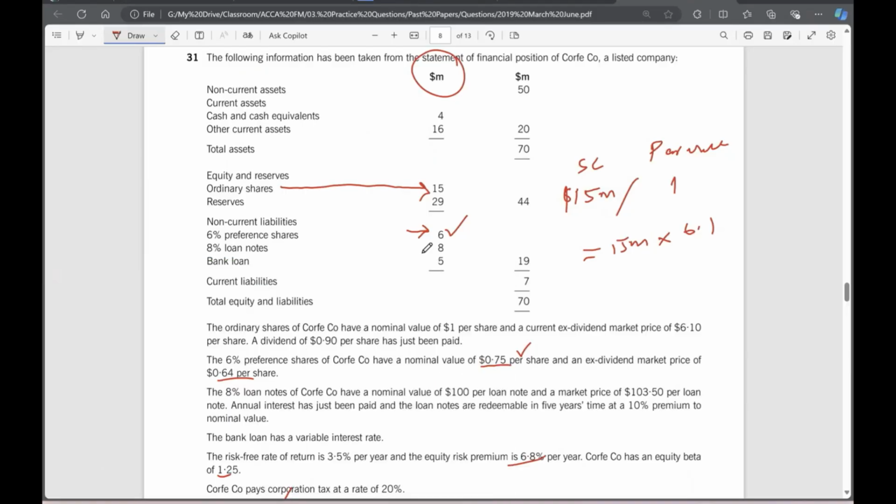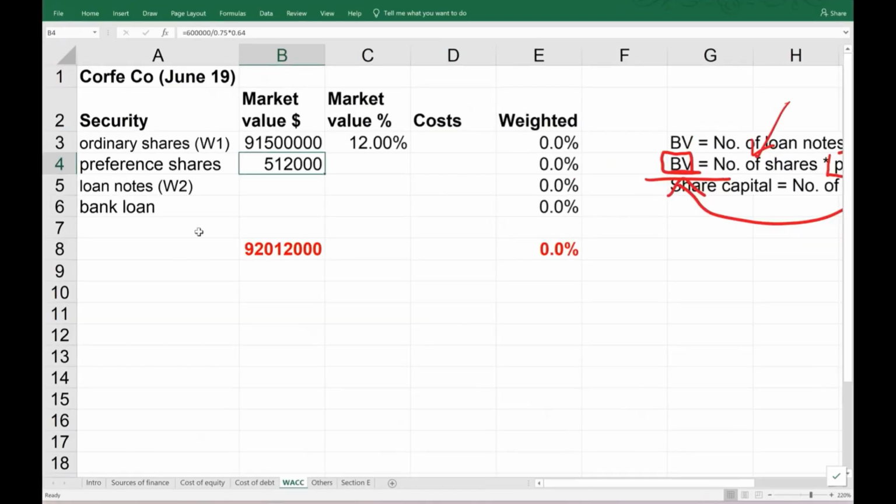Then we have 8% loan stock, 8 million book value. Par value, nominal value is 100 and market value is 103.5. So loan notes, 8 million divided by par value 100.